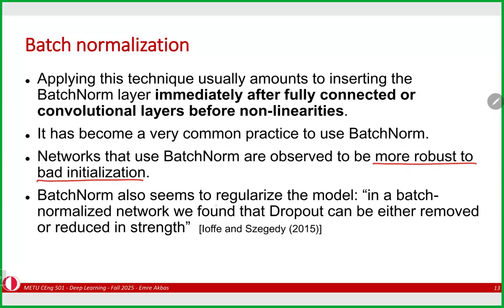Also, it seems to regularize the model. In this 2015 paper, they discovered that in a batch normalized network, dropout can be either removed or reduced in strength. So if you have batch normalization, the effect of dropout, which is a regularization method, is reduced.